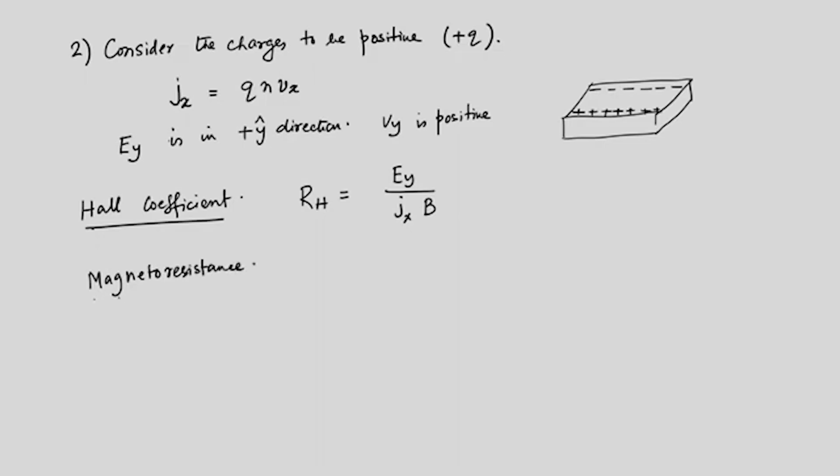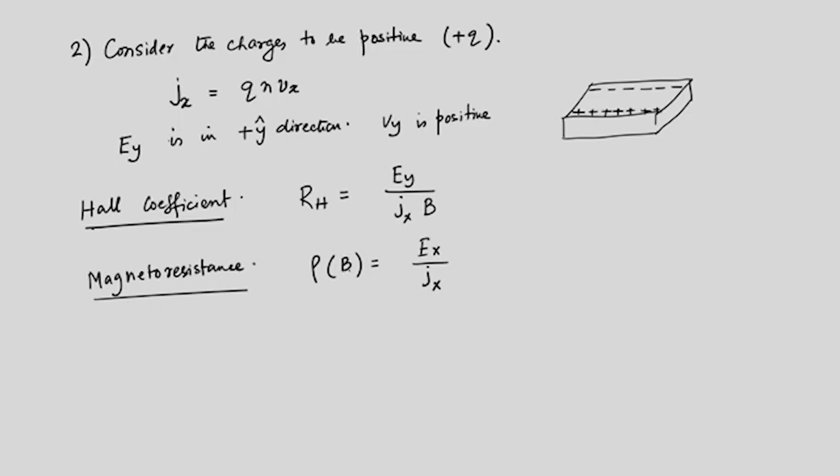In fact, for most of our discussion, we'll call this the longitudinal resistance, and as a function of B, it is Ex versus Jx. Ex is the electric field that's developed along the x direction, and Jx is the corresponding current that's flowing in the sample. Now, this of course is not a function of B. Okay, it is independent of B.